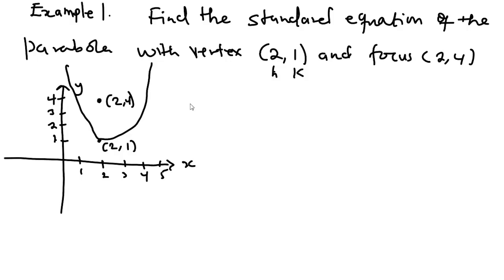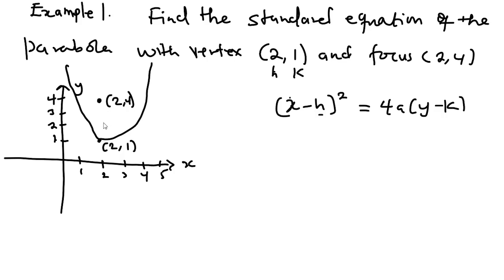So it will be x minus h all squared being equal to 4a, then y minus k. Now we need h and k, but that one was given. Do you know our a? No.